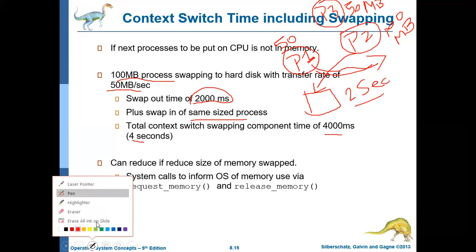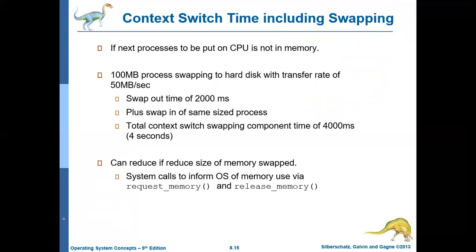So we have to identify the correct process to swap out so that the new process can be swapped in, because the time depends on how much time it takes to transfer.